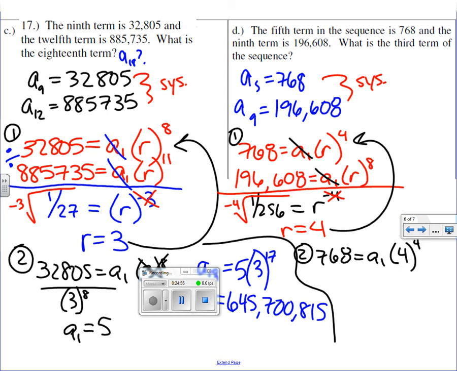Dan, what would you do next right here? To the 4th. Yep. Anybody? A1 is 3. Okay. Jesse, what's the question asking? Have we found that yet? No. All right. Anybody? How do we find the third term?